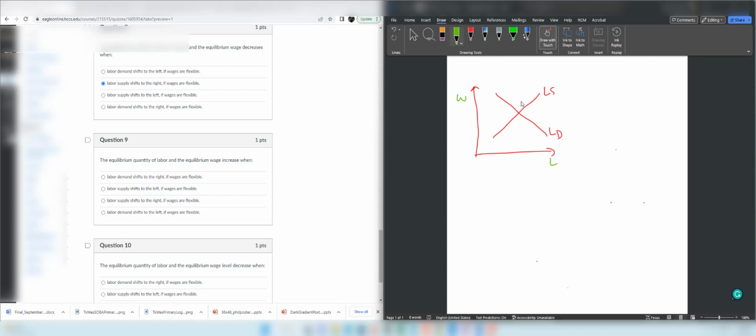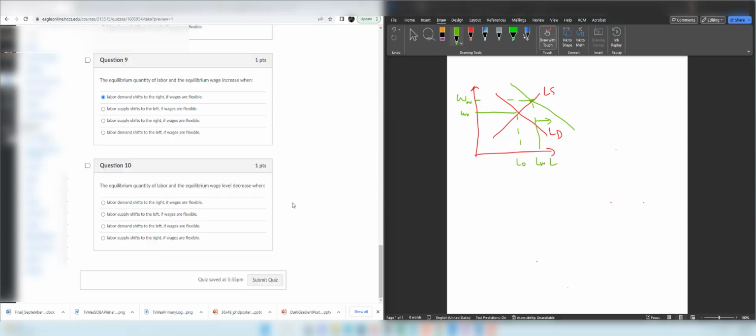And that's only possible if you shift the labor demand curve to the right. When you shift the labor demand curve to the right, you realize that wages are higher compared to the previous wages. Wages old, wages new, and labor new is higher than labor old. Therefore, the right answer is labor demand shifts to the right if wages are flexible.